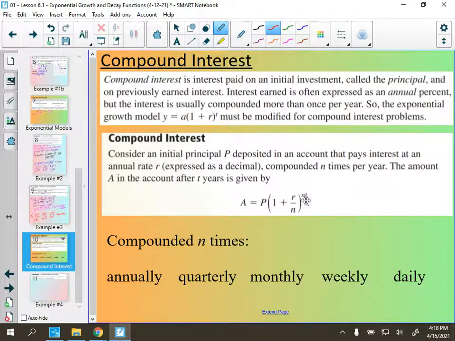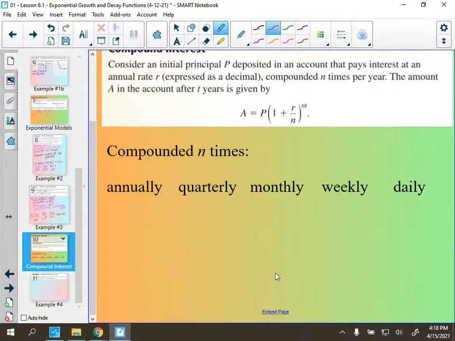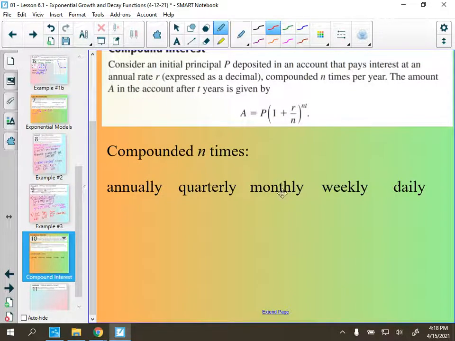What the heck's going on? N is the number of times per year that they calculate your interest. There are different ways they could do it. Some banks will figure out your interest every month and put it back into your account. If they're doing monthly, N would equal 12.